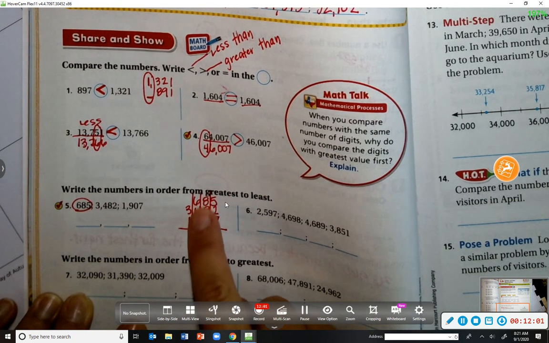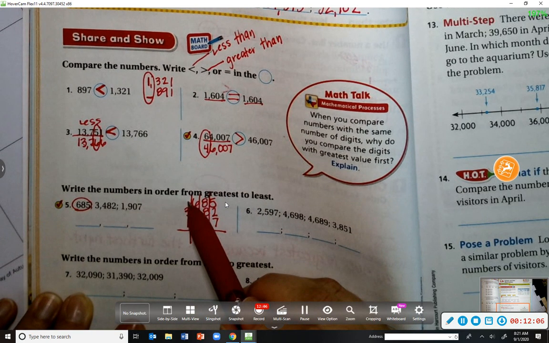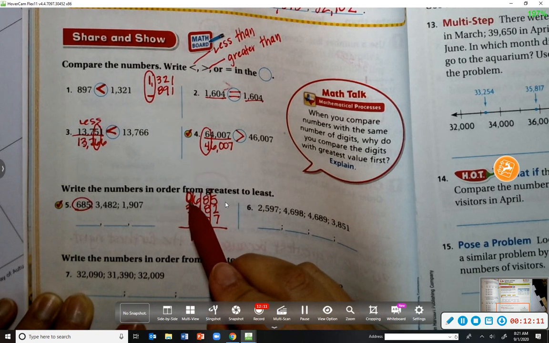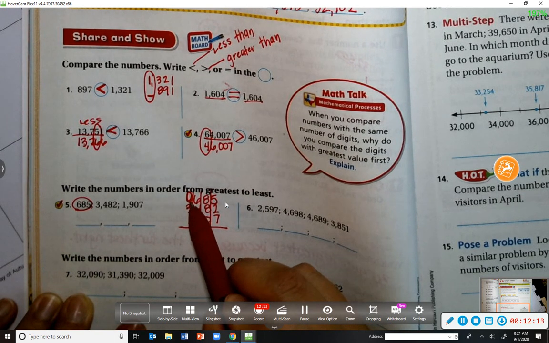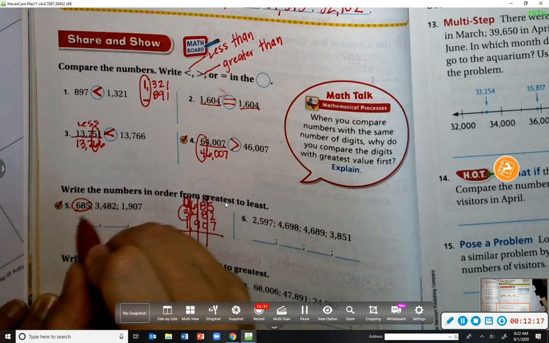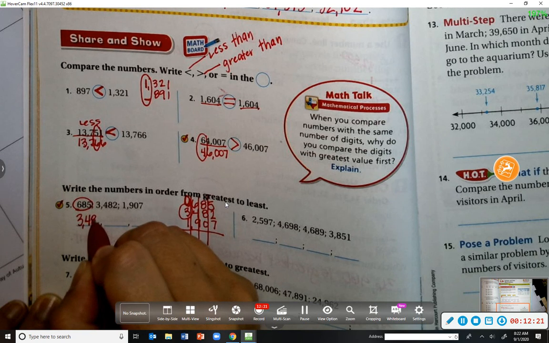So I can start on the left and already tell which one is the greatest. If there's no number there, then we can put a 0 to help us, but 0 is going to be the lowest. So we go to the 3, which is our greatest, and that would go in the front since we're ordering it from greatest to least.